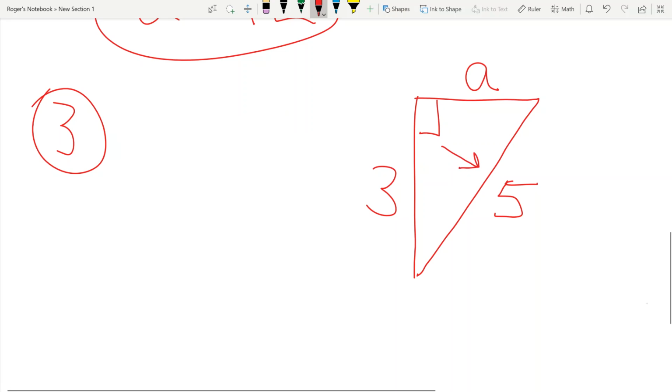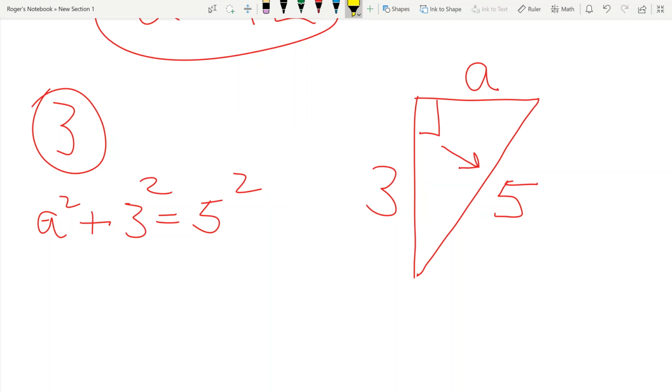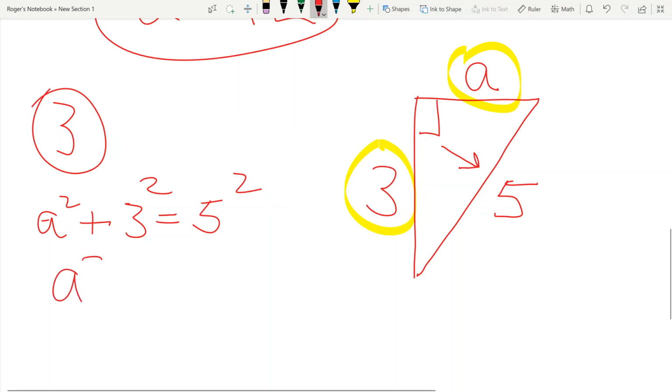So we know then that A squared plus 3 squared is equal to 5 squared. A squared plus B squared, this one squared plus this one squared equals 5 squared. So A squared is just A squared. 3 squared is 9. 5 squared is 25.